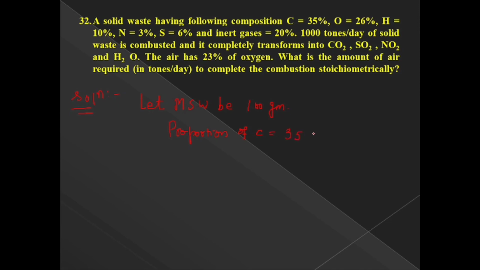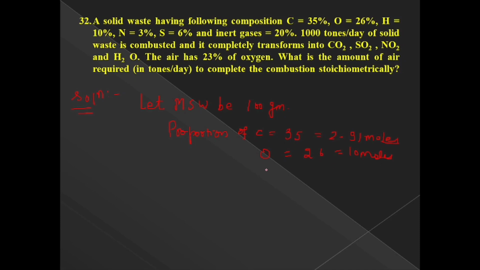Is it okay or not? And that is 35 grams, meaning 2.91 moles. Similarly, the proportion of oxygen is 26 grams, 26%, sorry, and that is equal to 10 moles. That is according to the air, you can say.